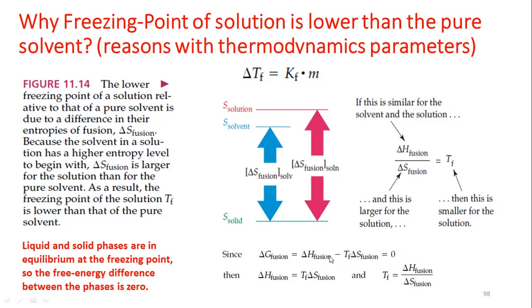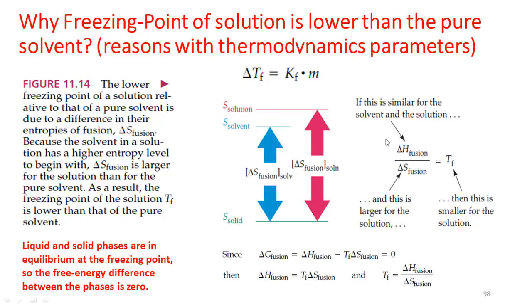This will be delta H equal to T delta S. And if you want T_f, the freezing temperature, that would be delta H over delta S. So now I'm going to conclude with the change in entropy, actually, why the freezing point of the solution is lower than the pure solvent.